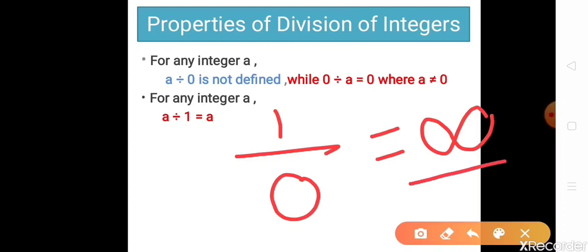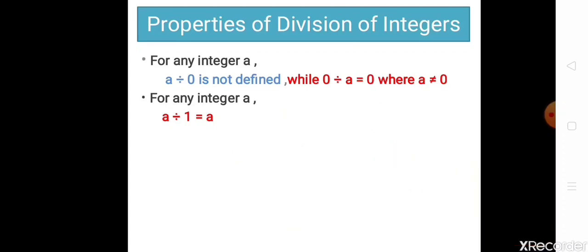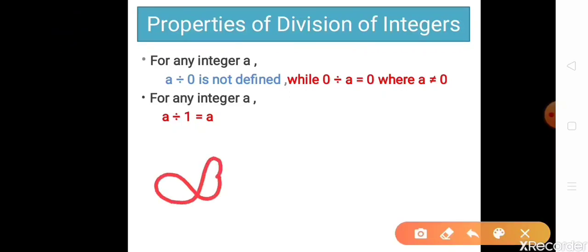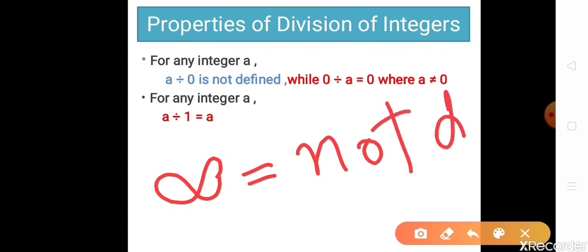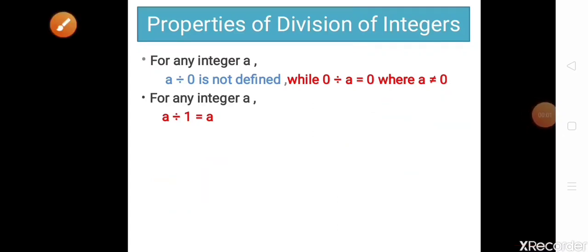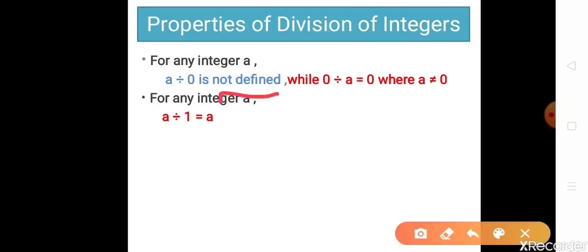Now, since we cannot define infinity, therefore we consider infinity as not defined. Hence, whenever we are taking an integer a and dividing it by 0, the answer will be not defined. I hope this part is clear to you.